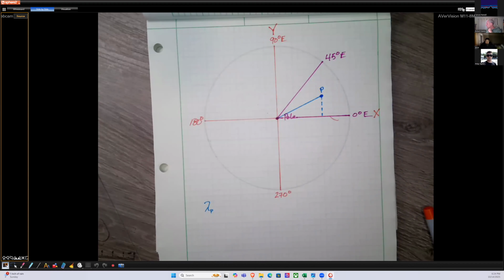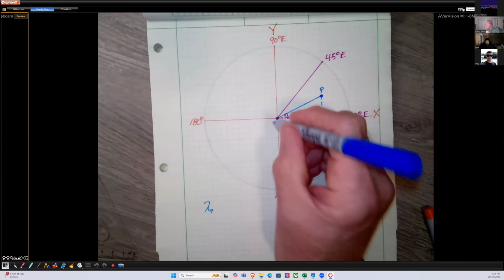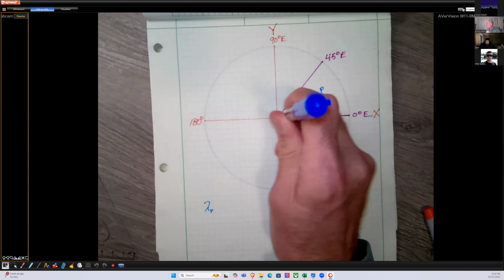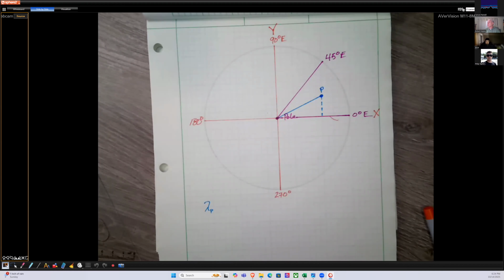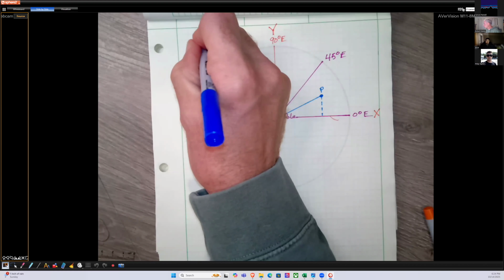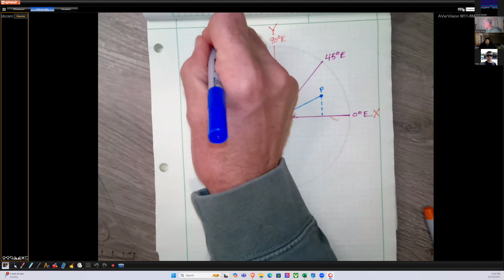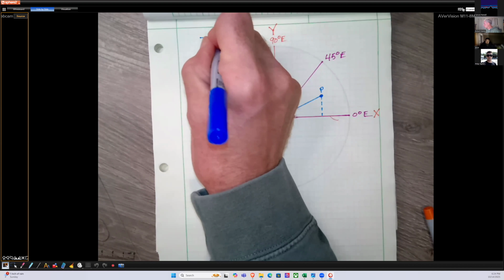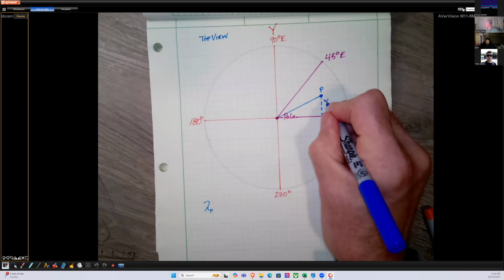Nope, we're looking straight down. The z-axis is coming straight out at us from the pole. We have an x-axis and a y-axis because we're looking straight down on the Earth. So this would be the top view. Then that would be on the y-axis. Yeah, this would be the y value of P, right?